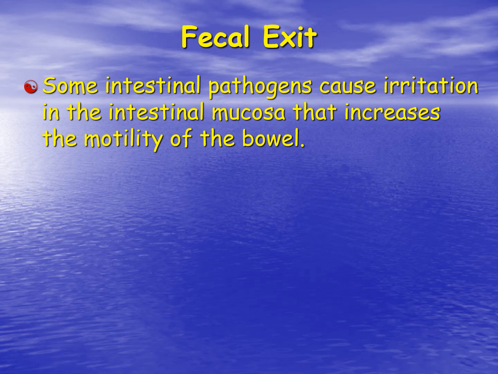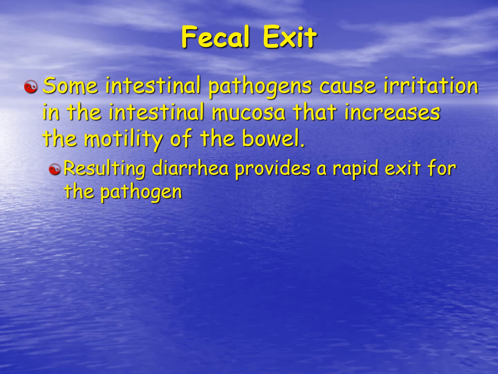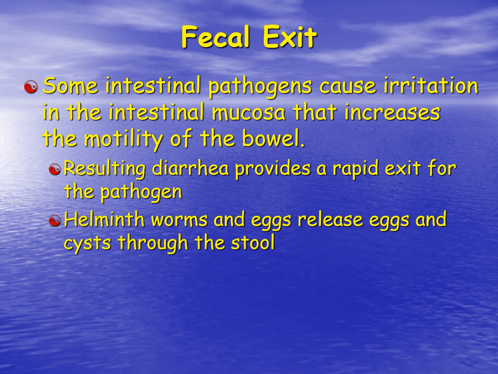Some intestinal pathogens may enter through the oral cavity and then cause irritation of the intestinal mucosa. That increases motility within the bowel, and we actually then will have a fecal exit. Oftentimes these organisms will cause diarrhea, and this will cause rapid exit of the pathogen. And sometimes that's actually a good thing.